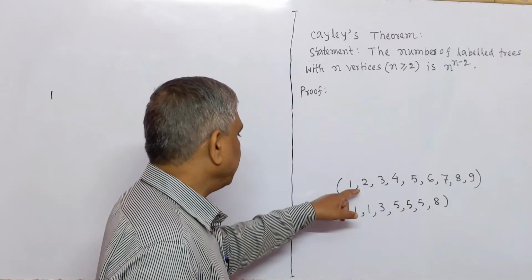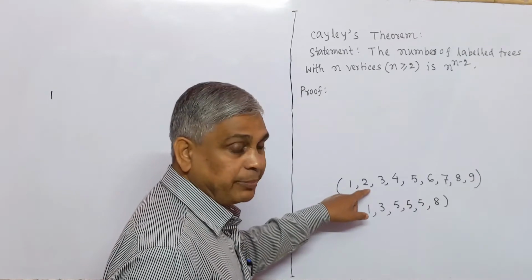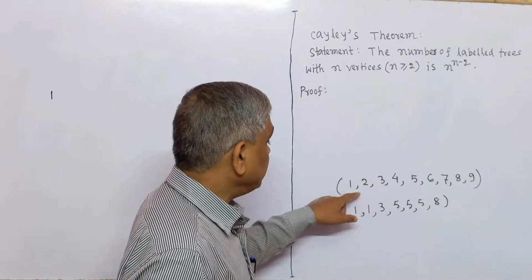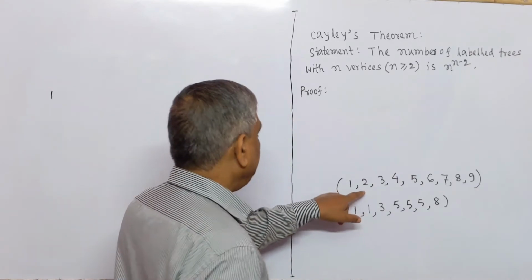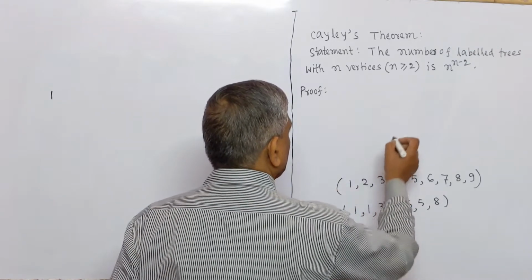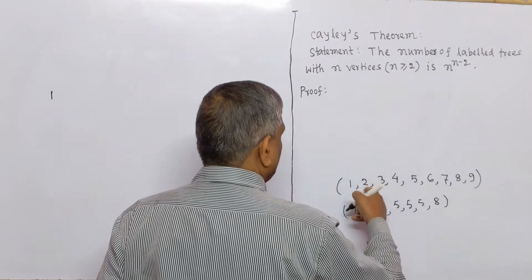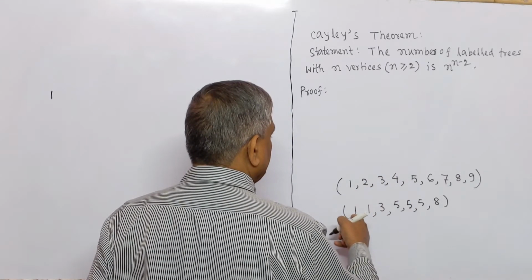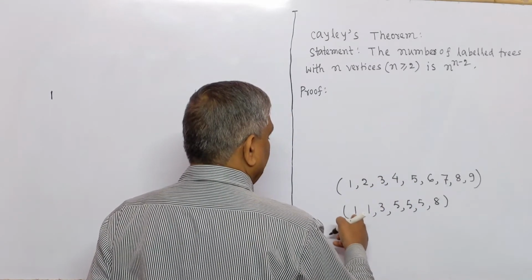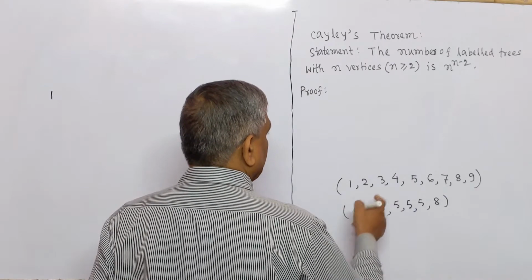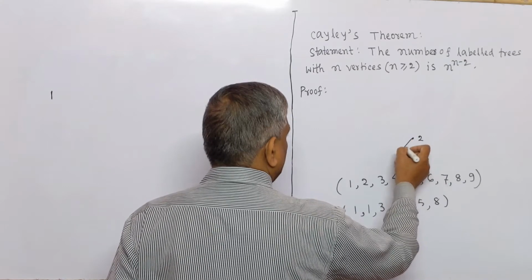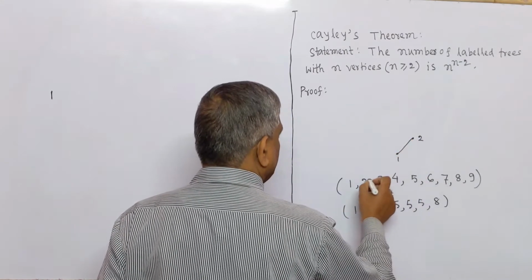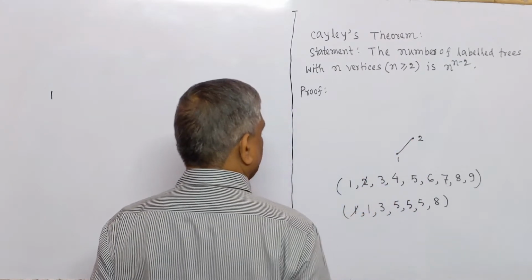Now we take the first number which is not present in this sequence. Here the first number is 2, and we take the first label vertex, here 1. We cancel this 2 and this 1.